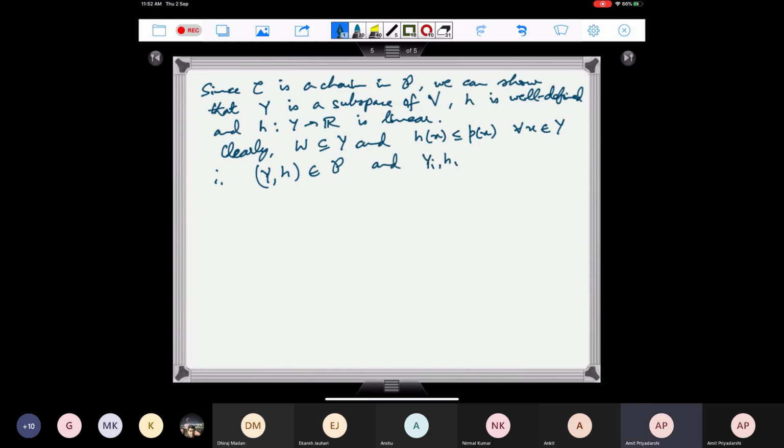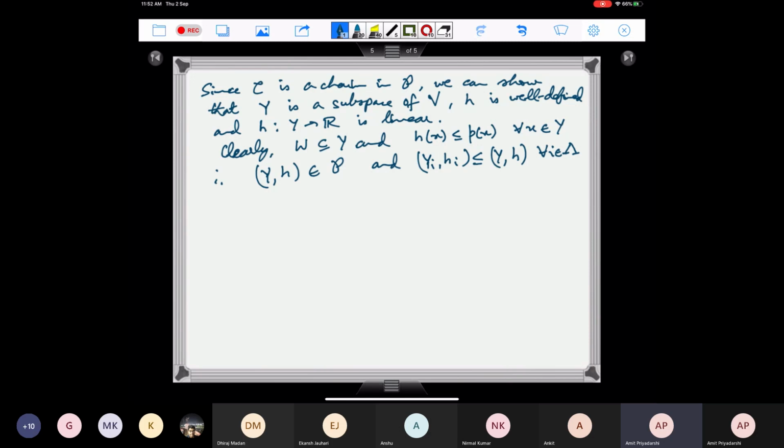(Y_i, h_i) is less than or equal to (Y, h) for all i in Lambda, right? Because Y_i is clearly a subset of Y, and h restricted to any Y_i is the same as h_i. That is how we had defined this h. So therefore we have this less than or equal to. So this implies that this is an upper bound.